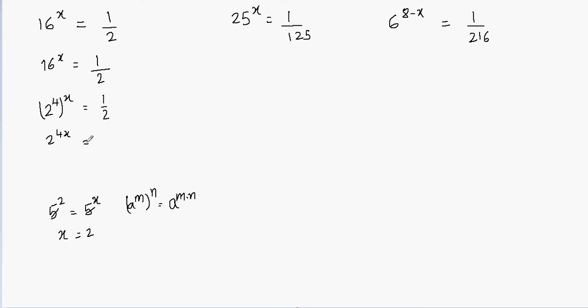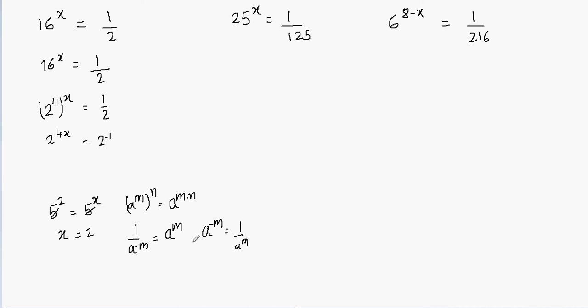Now, what do I do to bring 2 up? Bring 2 to the numerator. I can rewrite 1/2 as 2 to the power negative 1. Which property did we use in this case? There's another law of exponents which says that 1 over a to the power negative m can be written as a to the power m, or when you have a to the power negative m, you can write that as 1 over a to the power m.